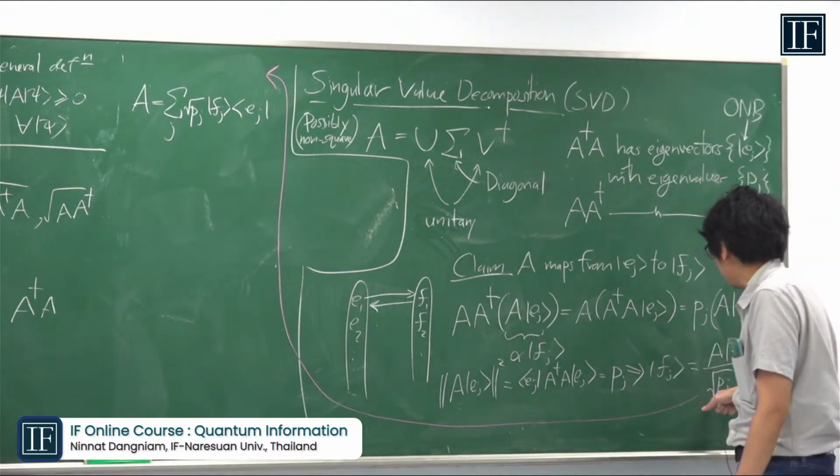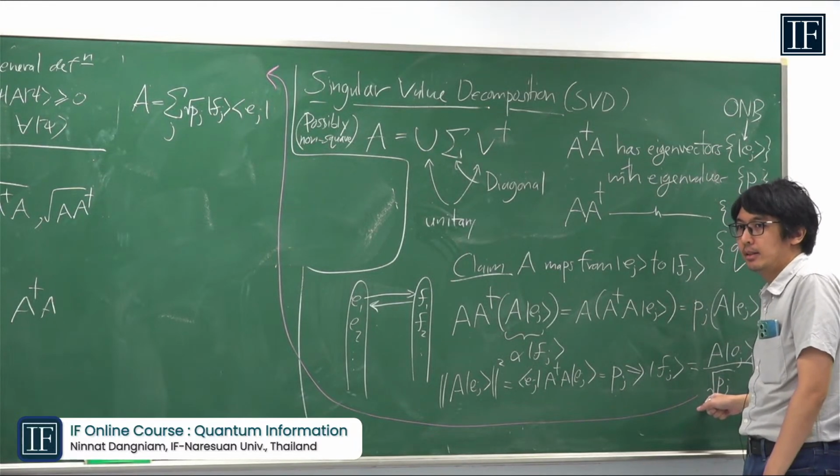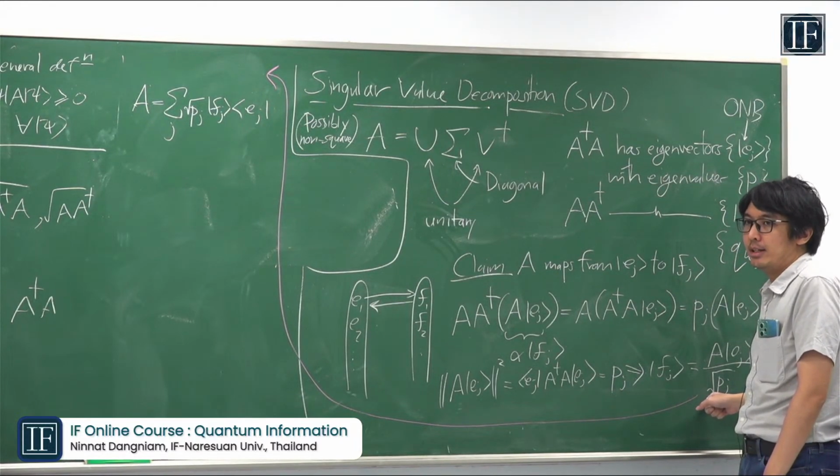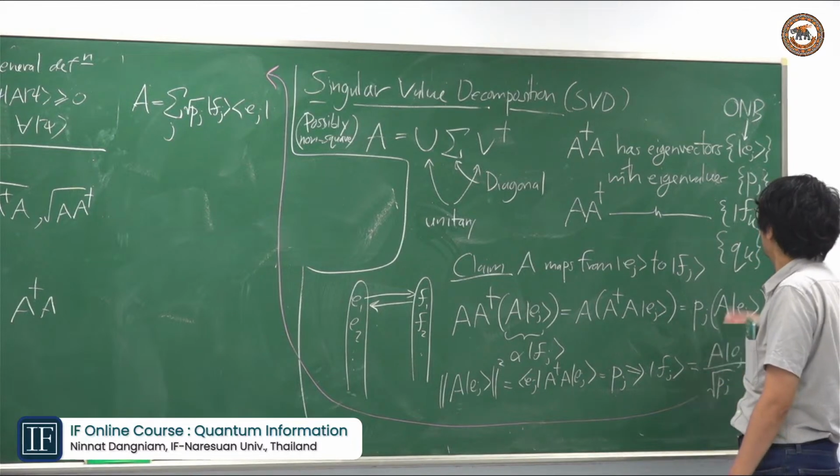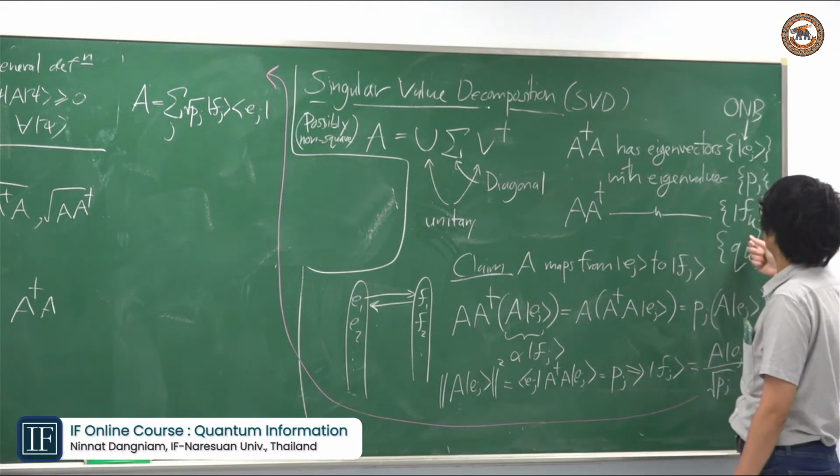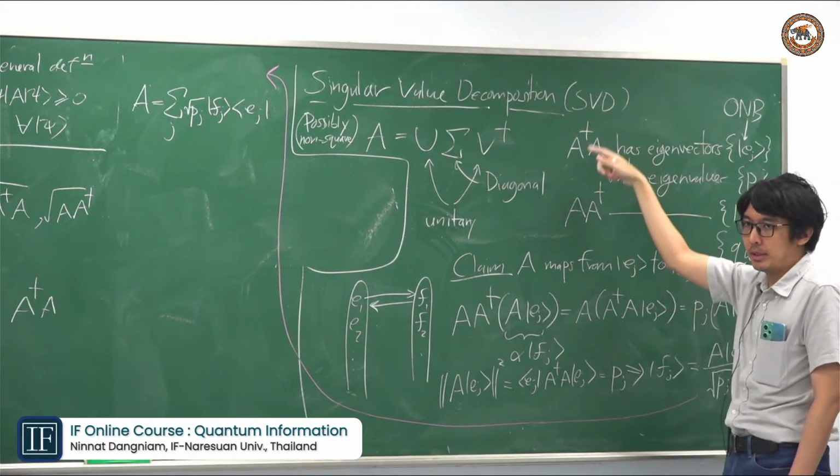Oh, and by the way, we can always take the square root, because we know that p_j is positive. So both p_j and q_j are positive, because these are positive operators.